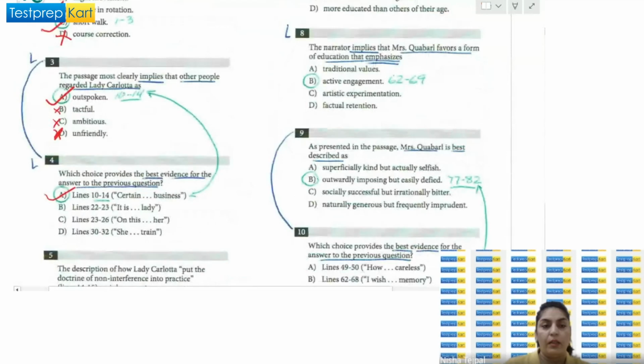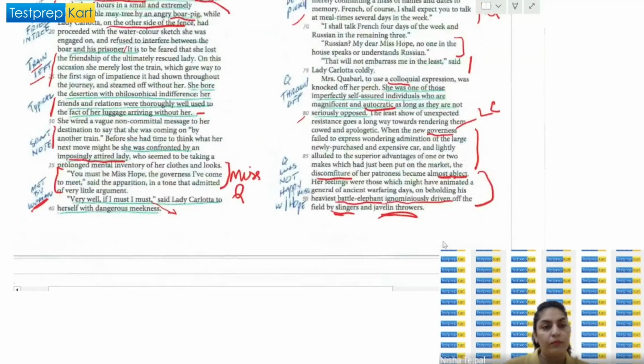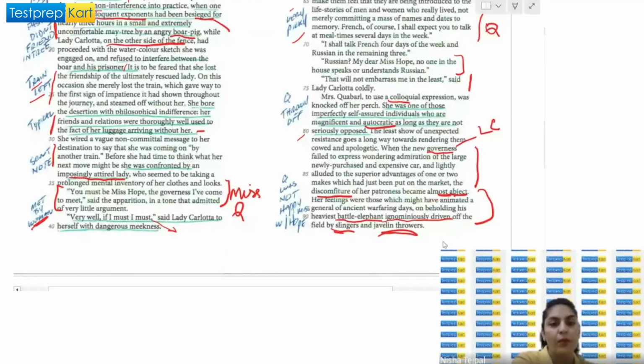The others, let's read line 23. "On the occasion, she merely lost the train, which gave first sign of impatience." No, she is telling about impatience. She has that nature of being impatient.